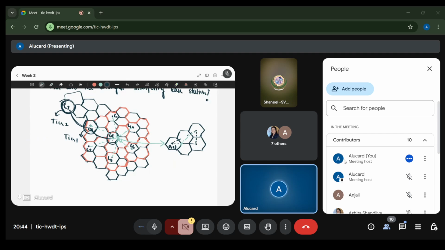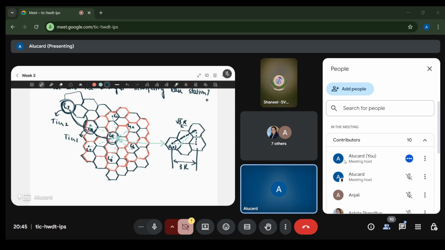So the x distance, this distance, is 3R. Now here this distance is root 3 R over 2. So each of these is root 3 R over 2.